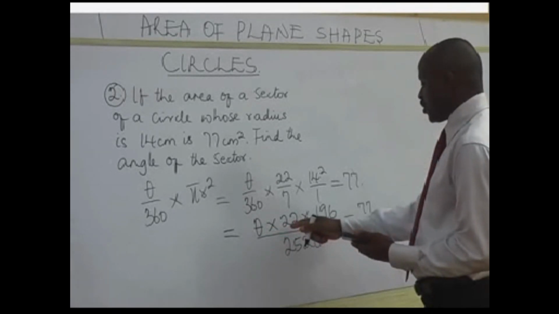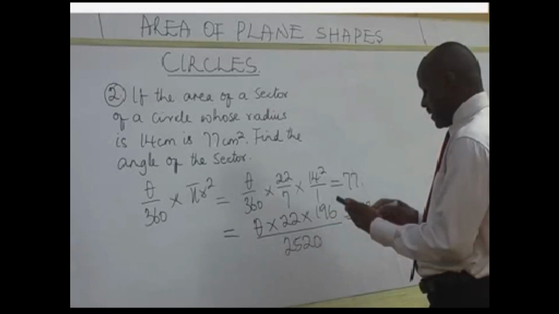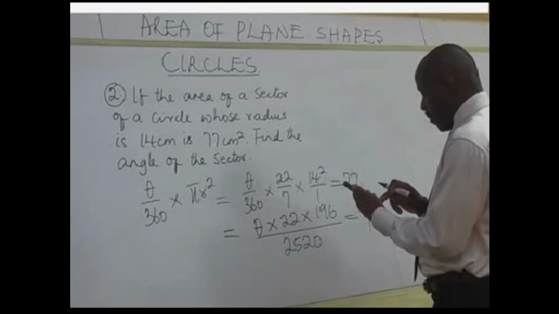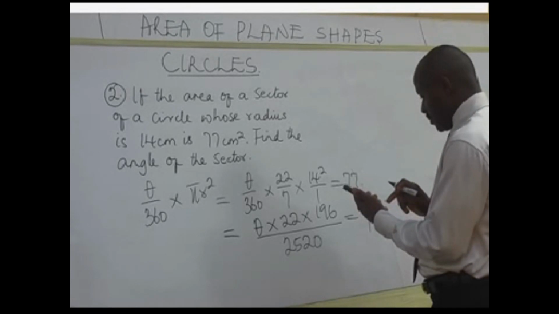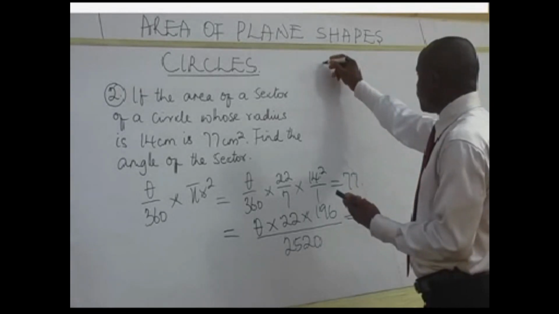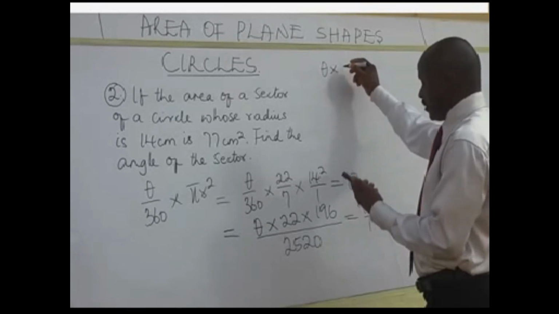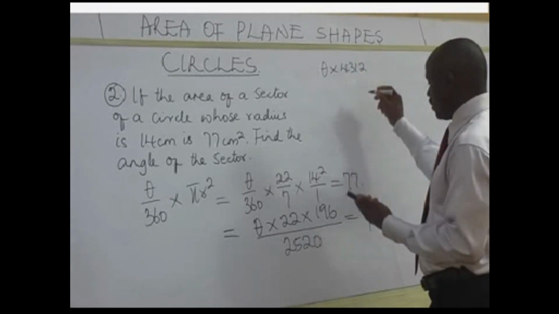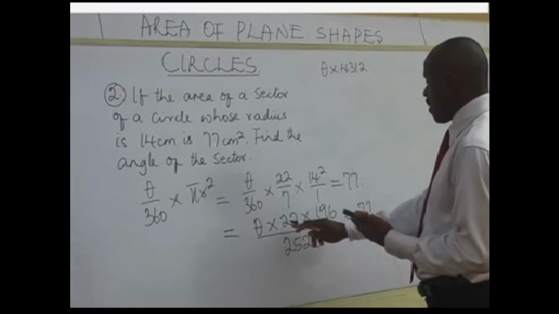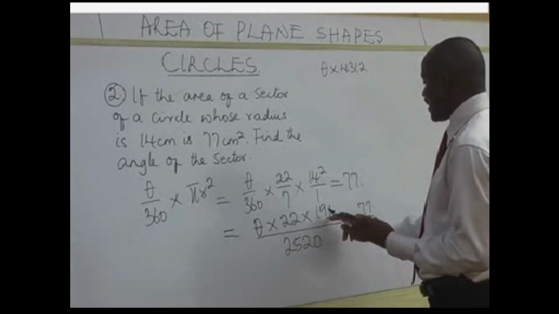First of all, let's multiply 22 and 196. 196 times 22. So we have theta times 4312. 4312 is what I got by multiplying 22 and 196.